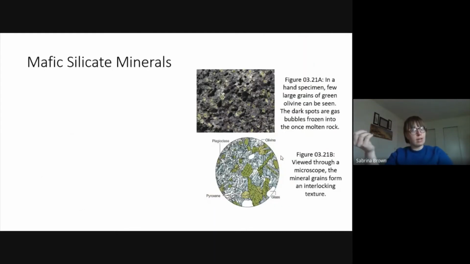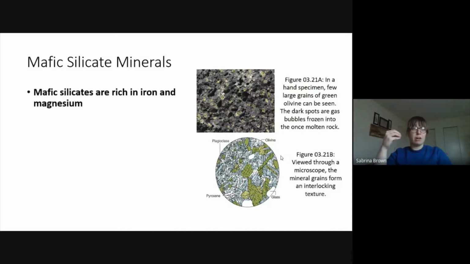On the other side of that coin are mafic silicate minerals. Mafic silicates are richer in iron and magnesium, and they have less silicon and aluminum. So felsic, high in silica and aluminum; mafic, high in iron and magnesium.